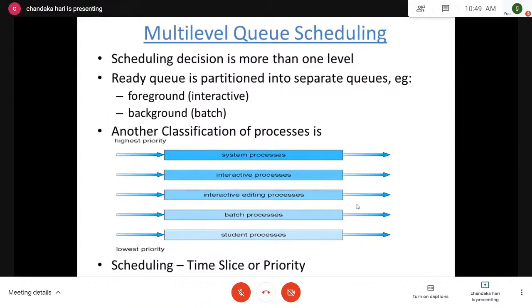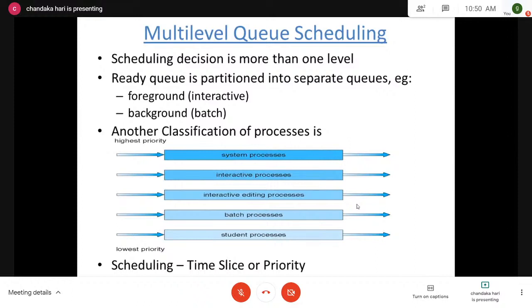There are ready queue, job queue, and IO device queues. Your scheduling algorithm is always responsible for selecting some of the jobs and doing some action, suppose moving a job from the ready queue to the CPU for execution.